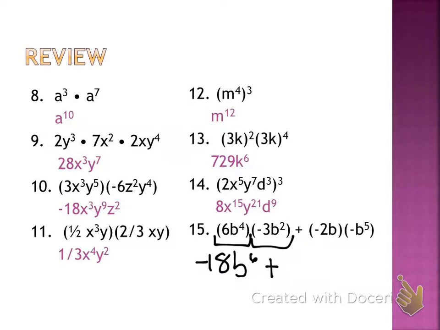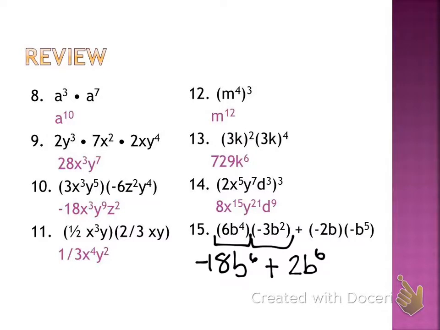Plus, what do I end up with in the back? Yeah. So negative 2 times negative 1 is positive 2. And then b to the 1st and b to the 5th. When you multiply those, you add the exponents to get b to the 6th.